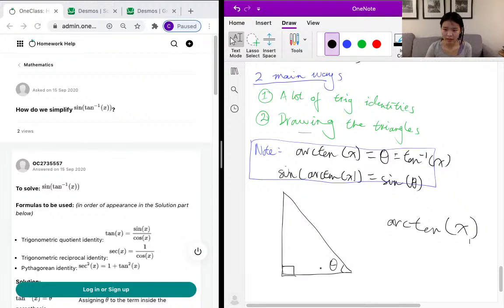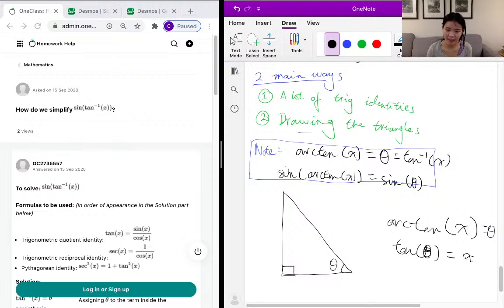Again, we know that the arctan of x is equal to this angle, right over here. I'm just rewriting it. So the tangent of the same angle is equal to x. As I've said before, the tangent of an angle is equal to x.